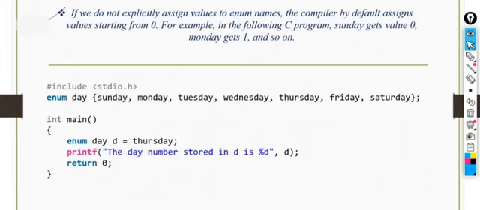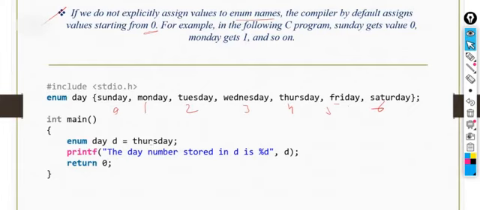Here is the second point regarding this special feature of the initialization of the enumerated data type. If you do not explicitly assign the values, the compiler will by default start from 0 and go 0, 1, 2, 3. I have already mentioned it to you: 0, 1, 2, 3, 4, 5, 6. The compiler will take these values by default for these names.